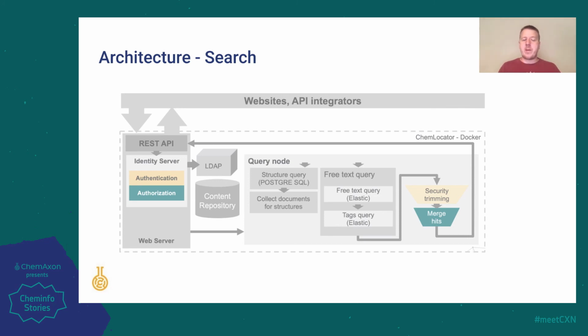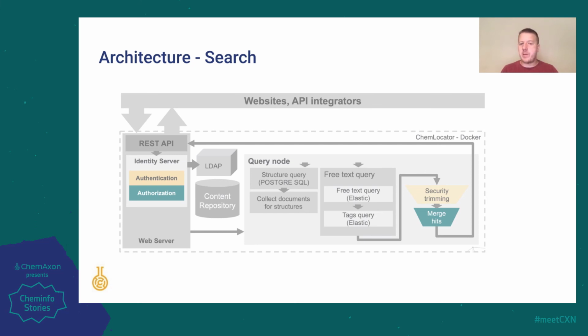And after initiating or starting the query itself, the REST API will get this call and identify the caller, again using the external user repository to authenticate, authorize the application, the caller. And then if the caller is allowed to perform the query, then the query node will take over.